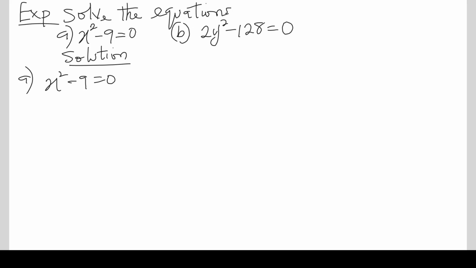So in this case, b is equal to 0. So x squared equal to, when we bring 9 to the other side, 9.